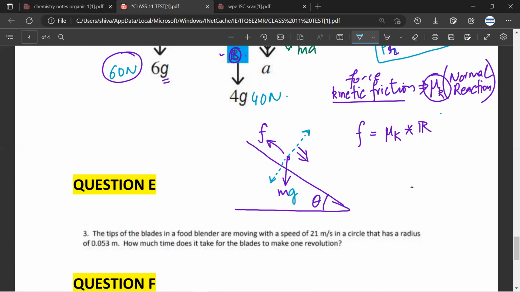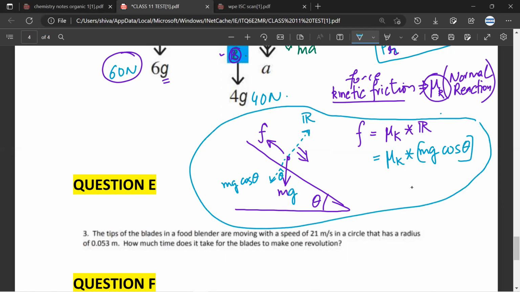If I consider this to be mg and this to be theta and this to be mg cos theta, then the friction would be equal to mu k multiplied by mg cos theta. Ms. Avantika, am I making sense? Yeah.